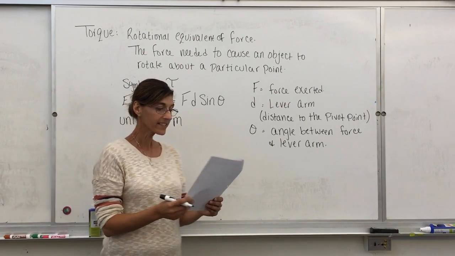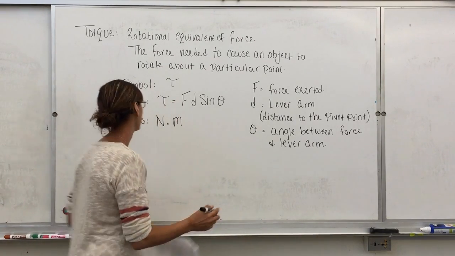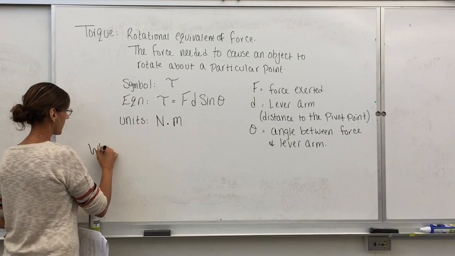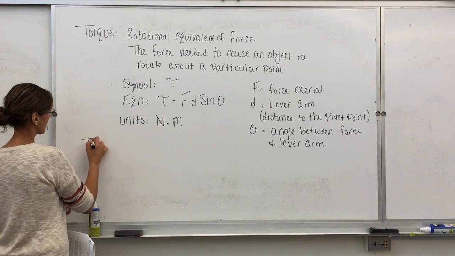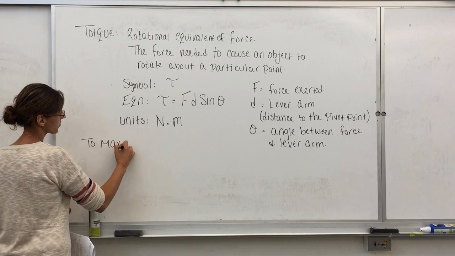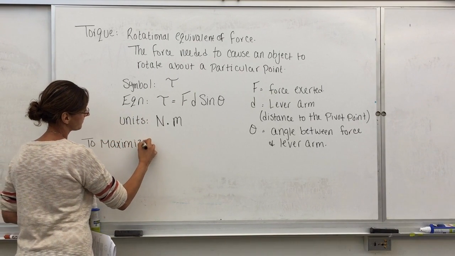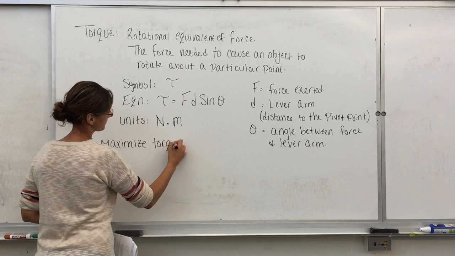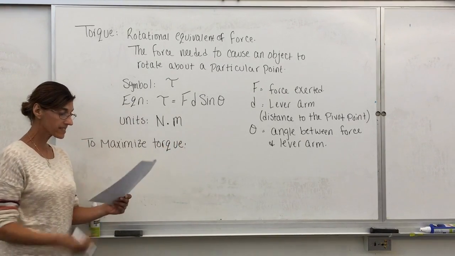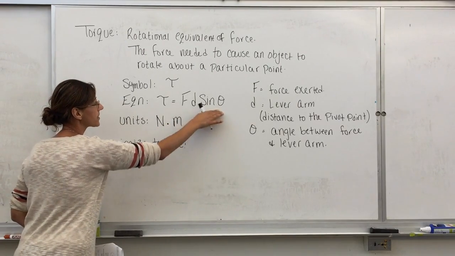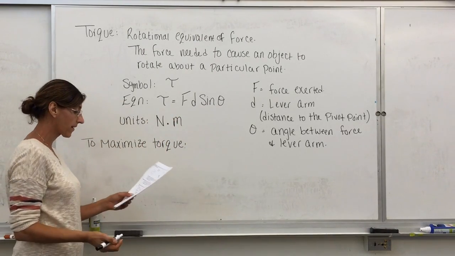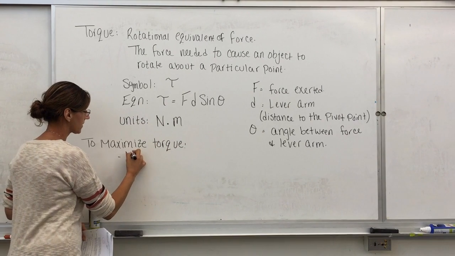So when can torque be at its maximum value? Let's think about that. We'll say, how can we maximize torque? To maximize torque, let's look at the equation. What are some things we can do here to make this number bigger? Well, we can make the force bigger, obviously.